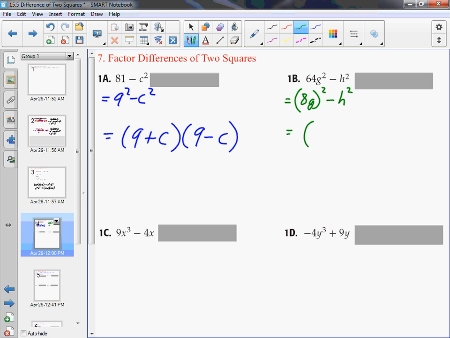So we should get a, 8g plus b, times a minus b. Questions so far?